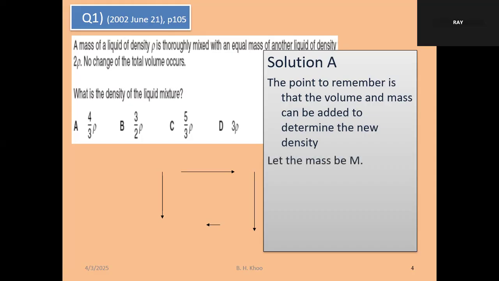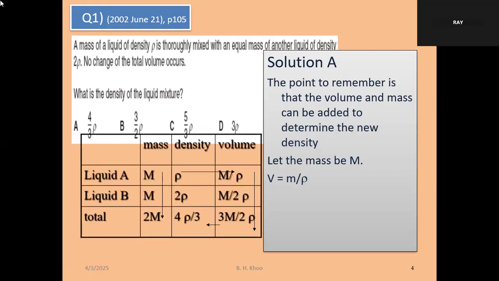So let the mass be m. Right? Volume is mass over density. So liquid A mass m, liquid B mass m, total mass is 2m. Right? We are just using this formula. Volume is mass over density. The density of one liquid is rho. Right? Calculate the volume, then the density of the second liquid.